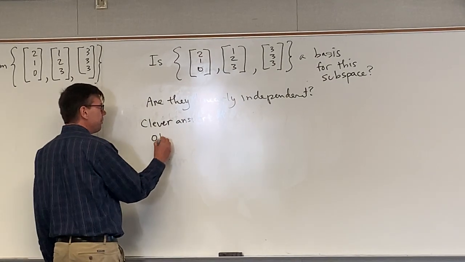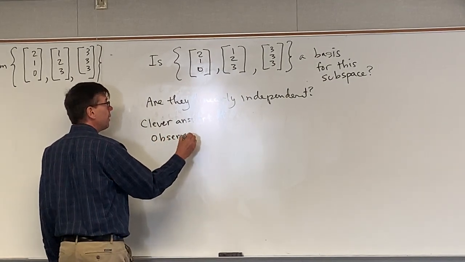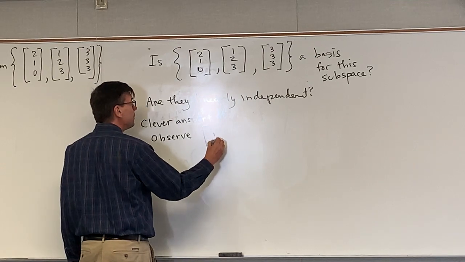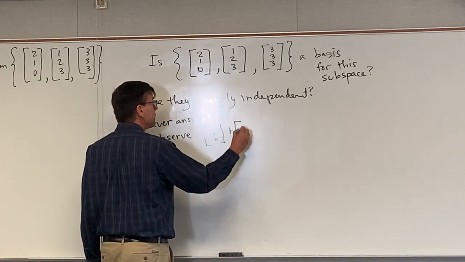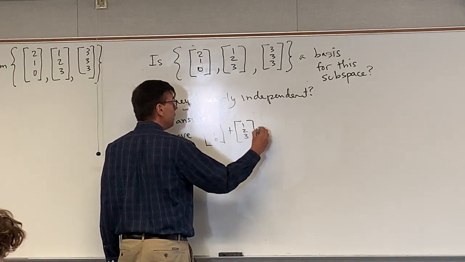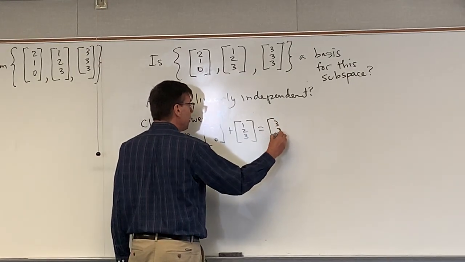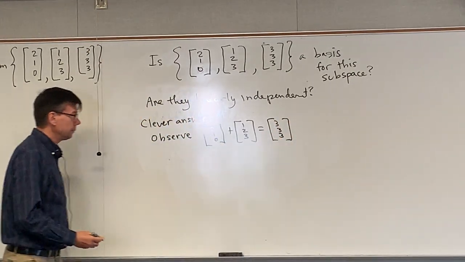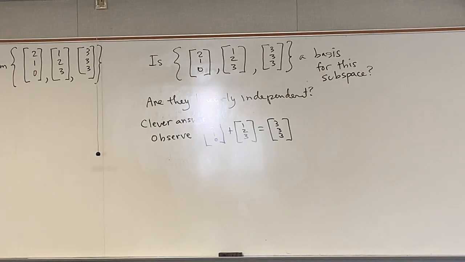Just observe that 2, 1, 0 plus 1, 2, 3 equals 3, 3, 3. Right? If you add the first two, you get the third one.